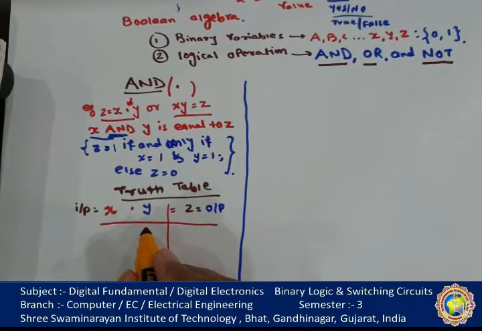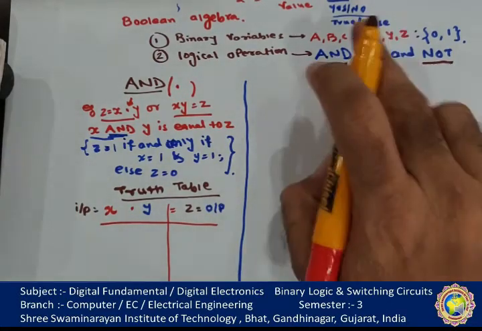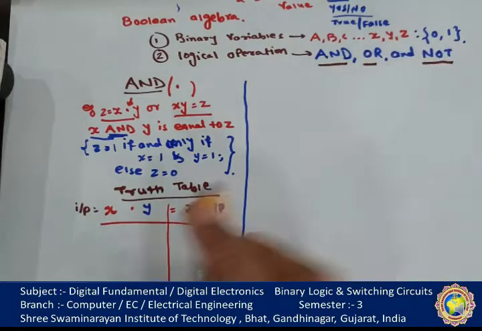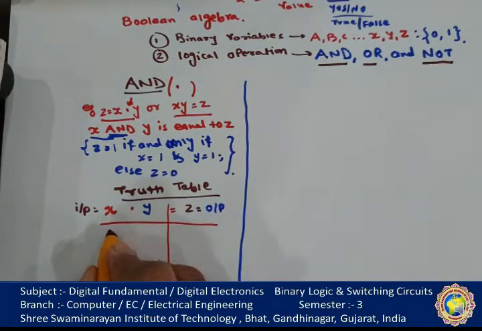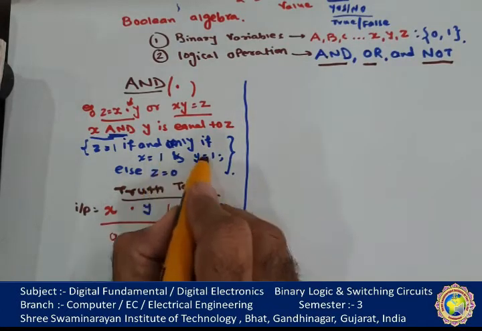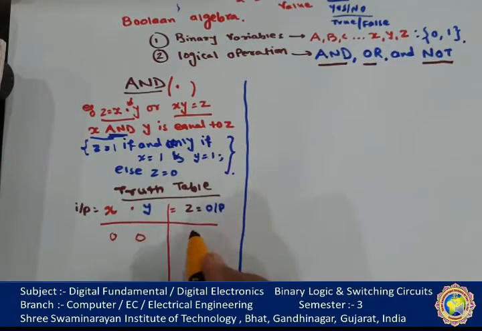X and Y are both binary variables, so only two values are possible, 0 and 1. First we take both as 0, 0. As per the definition, Z is 1 only in one condition, else Z is equal to 0.